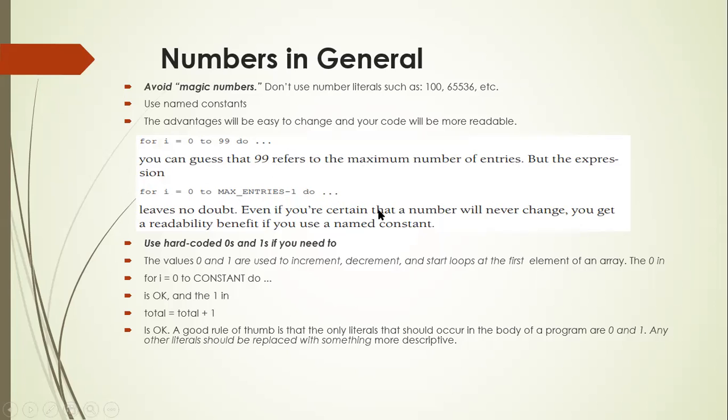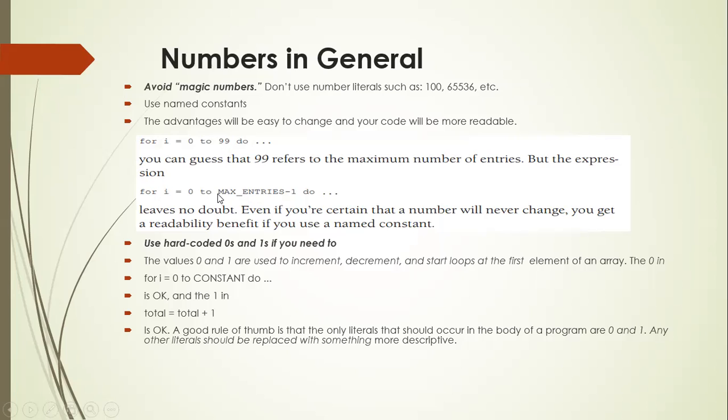Even if you are certain that a number will never change, you get a readability benefit if you use a named constant. So as compared to this code which has used literal 99, here we have used a named constant. It is much more readable and easy to understand than this one. Therefore, we have to prefer named constants instead of literals.